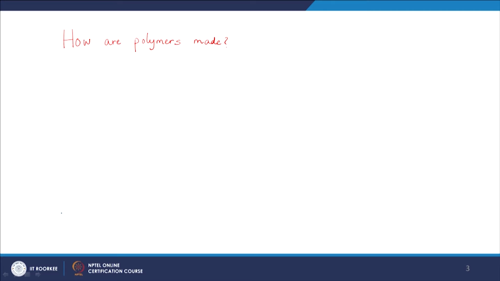As I already told you, a polymer chain contains a repeating unit, and then we have a sequence of repeating units. And n is the number of repeating units.